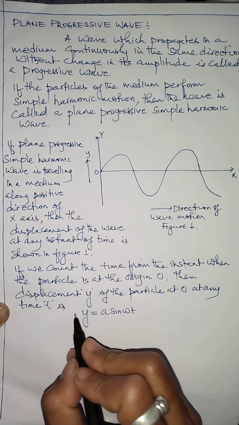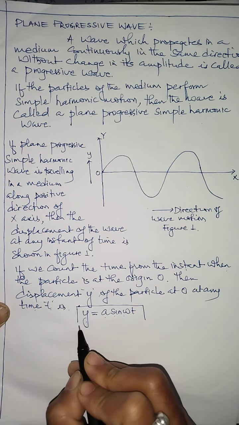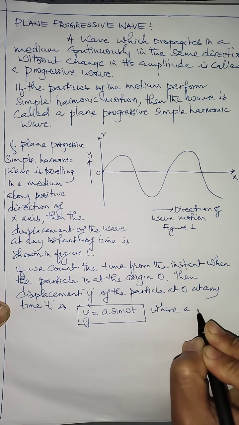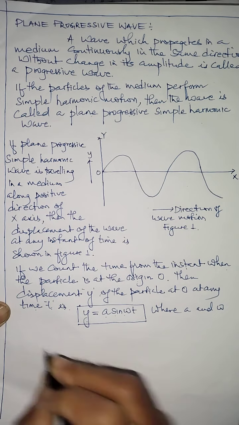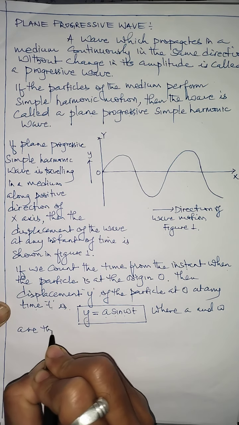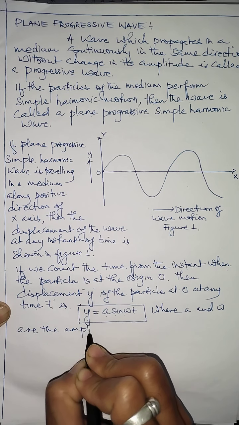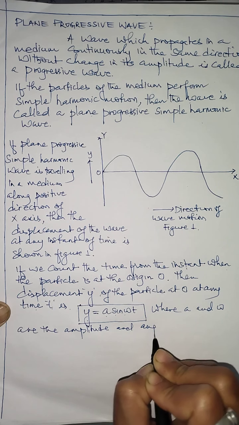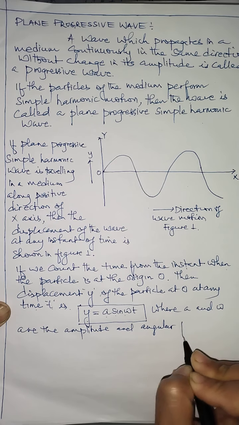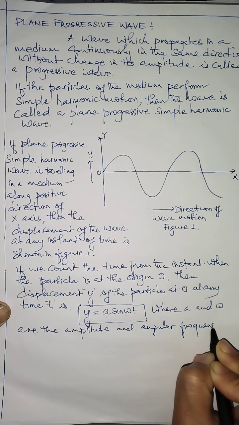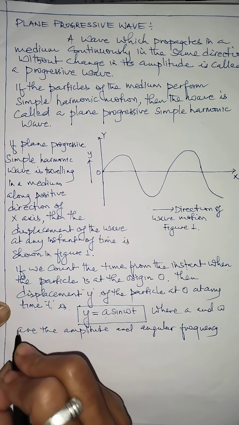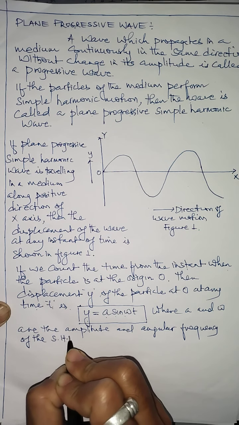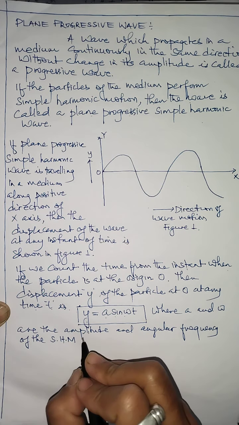So in this particular equation, a and omega are the amplitude and angular frequency of the simple harmonic motion, SHM, executed by the particle.